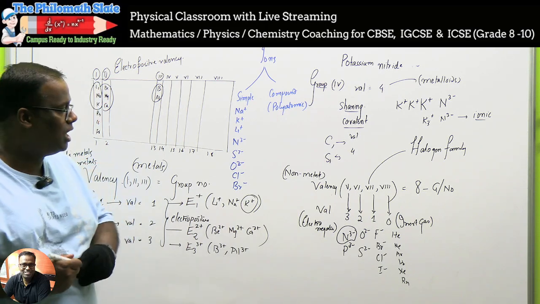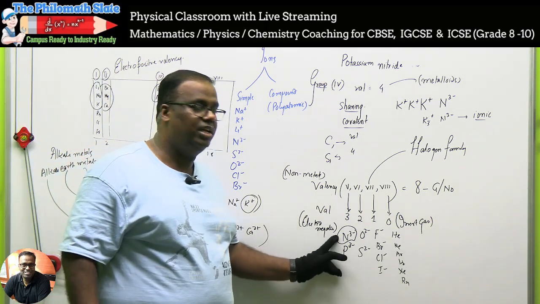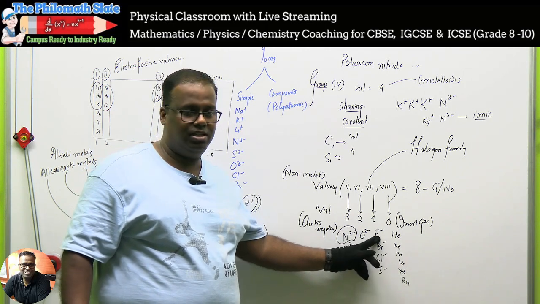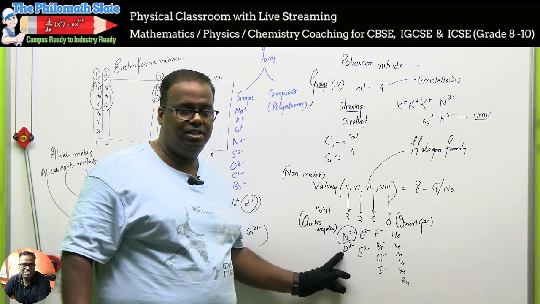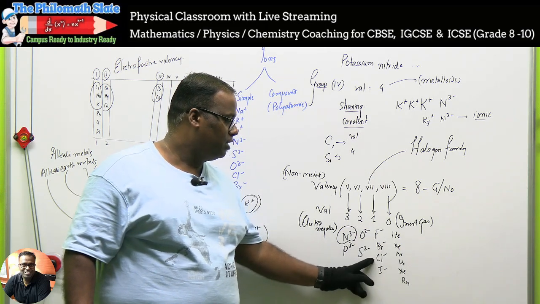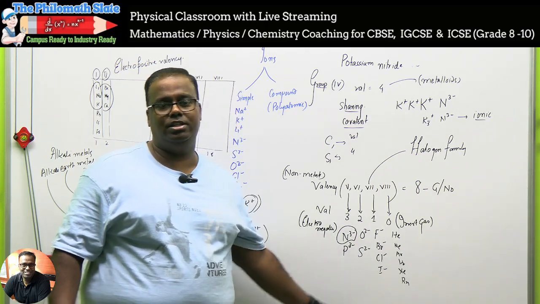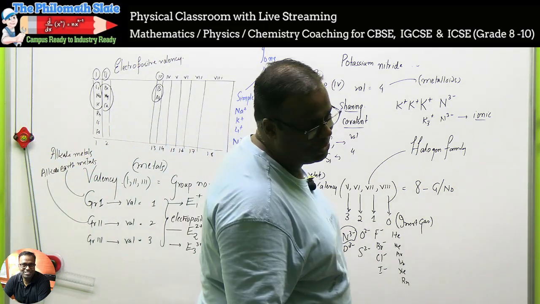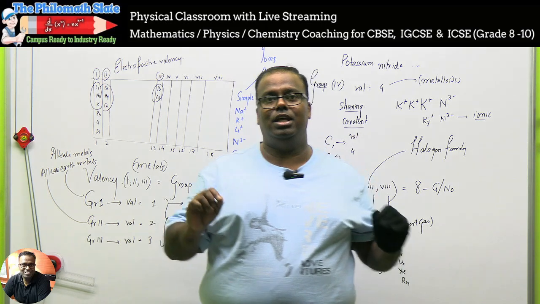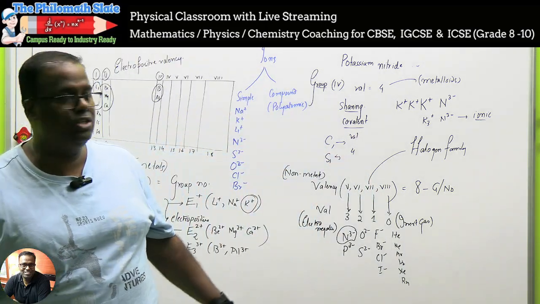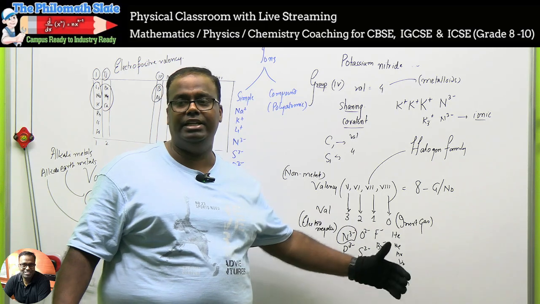Simple. Let's start naming from here. Nitride, oxide, fluoride, phosphide, sulfide, bromide, chloride, iodide. You write down, and if you have any doubt, you can ask me again. If the ion is coming alone, the ion's name in case of anion will always be IDE.